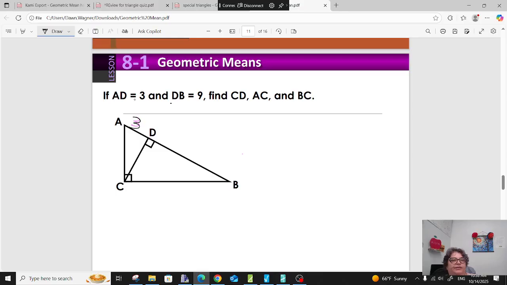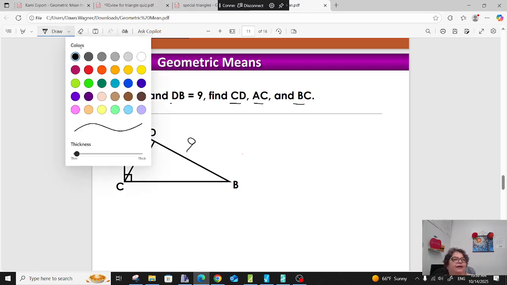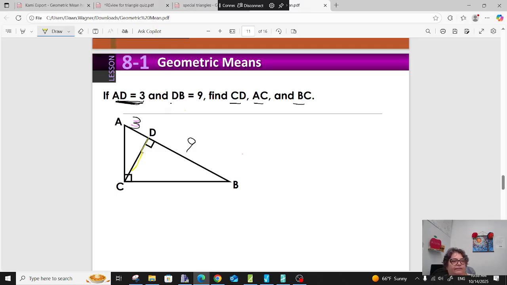AD is 3, right? Always mark what you know. If you don't mark up your triangles, you're not going to be able to do these. DB is what? 9. I have to find all 3 of these. So I'm trying to find CD, which is in the middle, right?